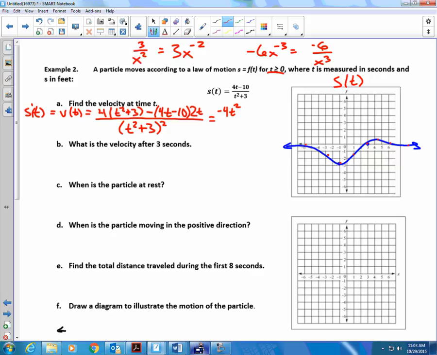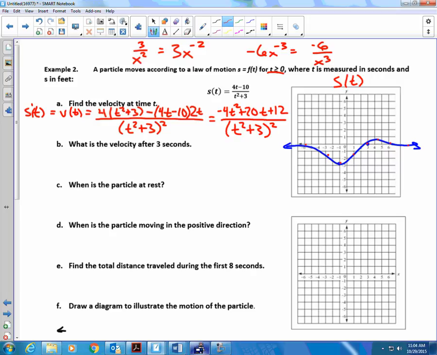What am I going to have? That's to the first degree. You see that? It looks like a negative and a negative is going to make positive, so I'm going to have positive 20t. And then how about constant terms, things that don't have any variable attached to it? 12. And that's going to be all over the quantity t squared plus 3 quantity squared.